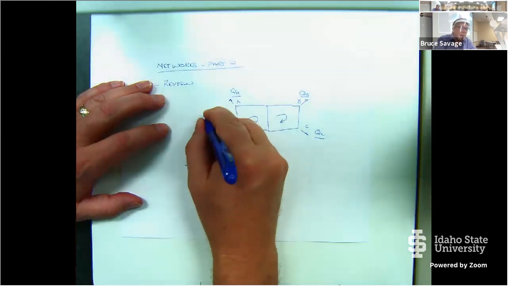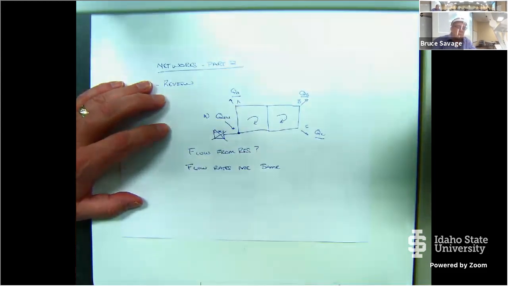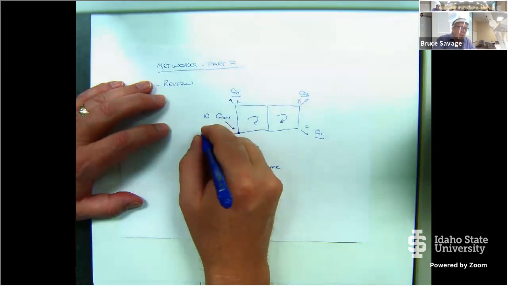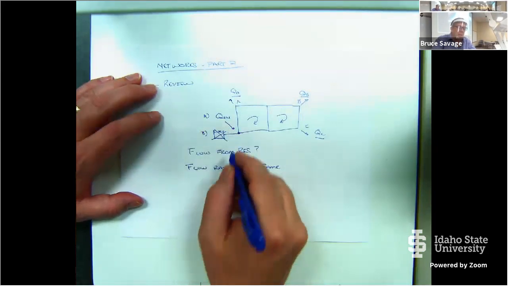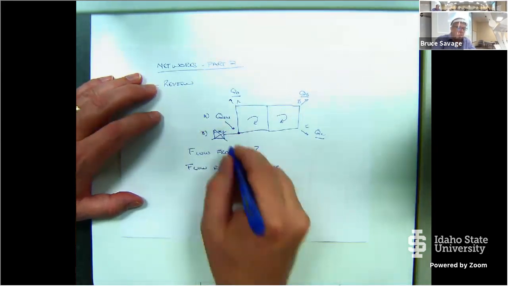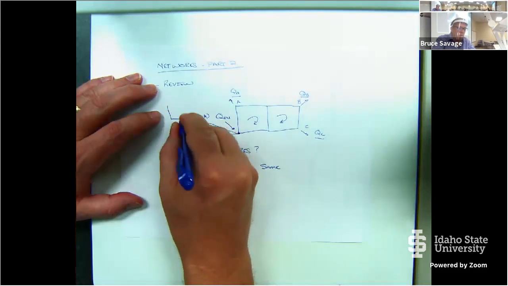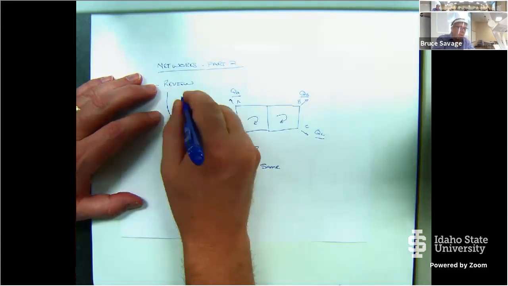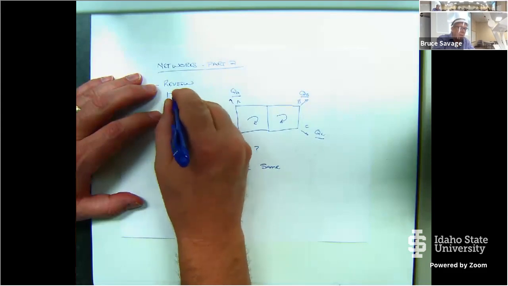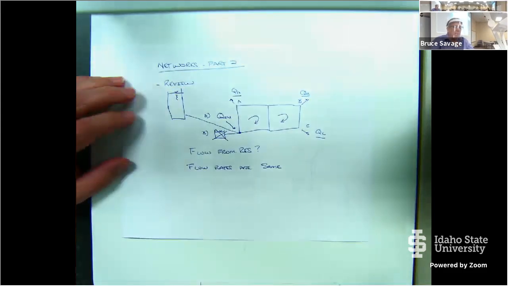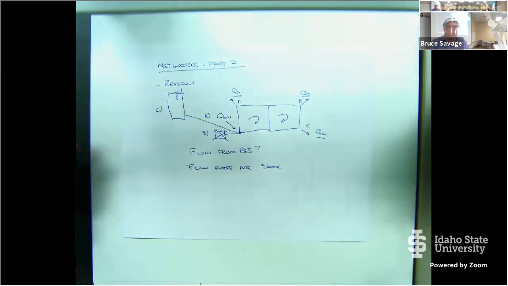If I called option A Q in, option B was this reservoir right there, and I didn't leave myself enough room, but I'm going to draw a line out here. And what if I had a reservoir that was really tall? And this is option C. How would the flow be different between any one of those? And the answer is no different, right?